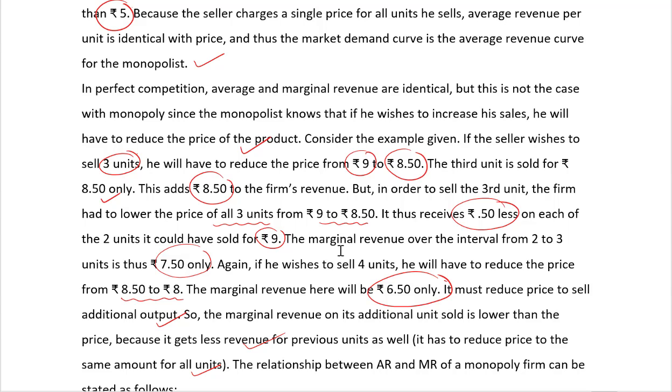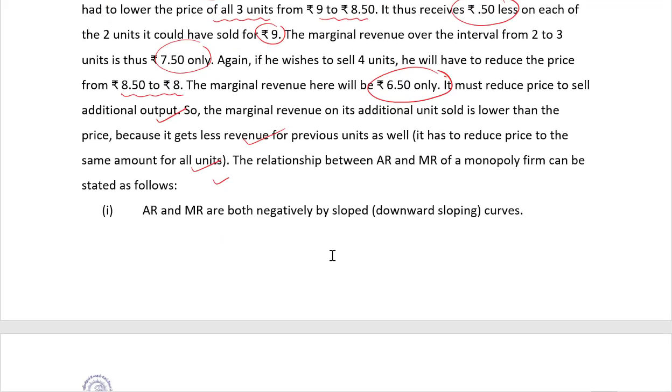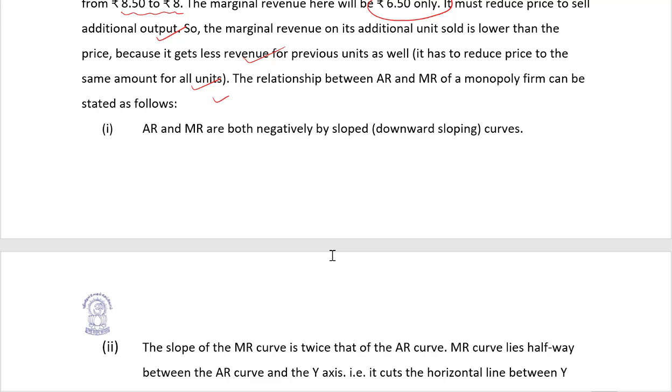The relationship between average revenue and marginal revenue of a monopoly firm can be stated as follows. First, average revenue and marginal revenue are both negatively sloped, that is, downward sloping curves.